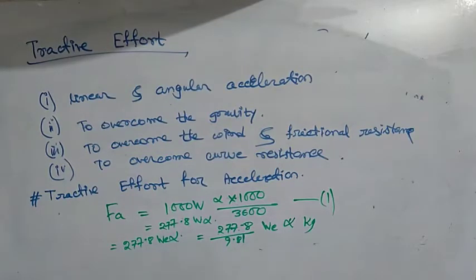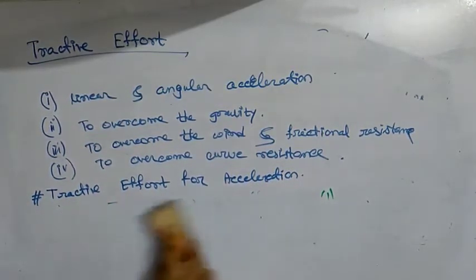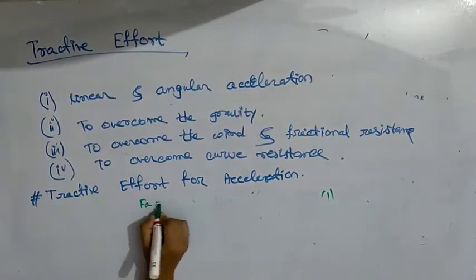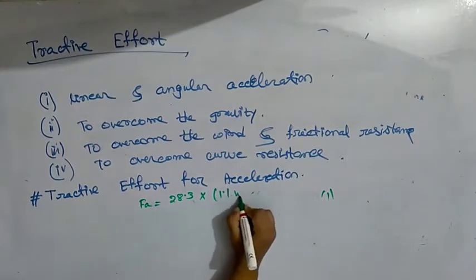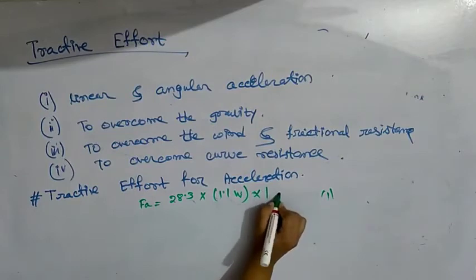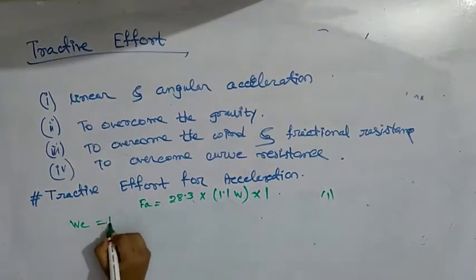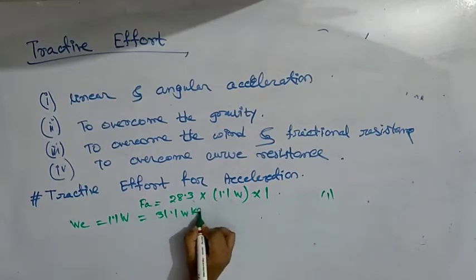Now tractive effort to give acceleration of 1 km per hour per second to 1 ton is given by FA equals 28.3 into 1.1 into W into 1. Now we assume WE equals 1.1 W, that is equal to 31.1 W kg.